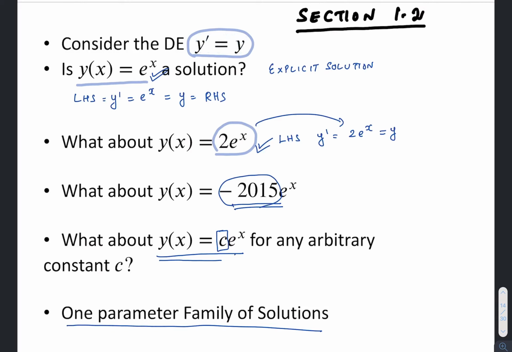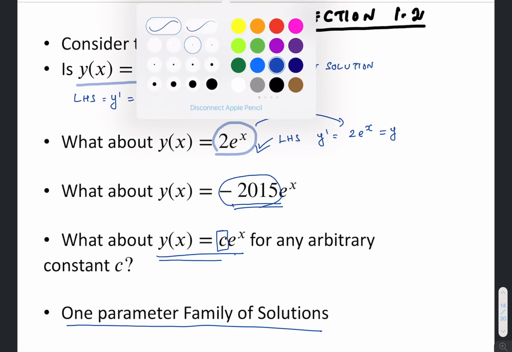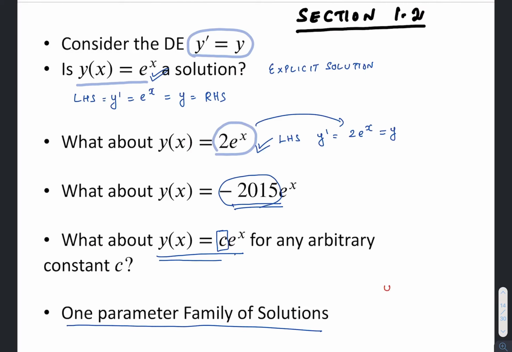Although there are infinitely many solutions, it's not like any function can be a solution. Any function of the form a constant times e to the x would be a solution. Y is equal to 2e to the x would be a solution, but y is equal to e to the 2x would not be a solution.